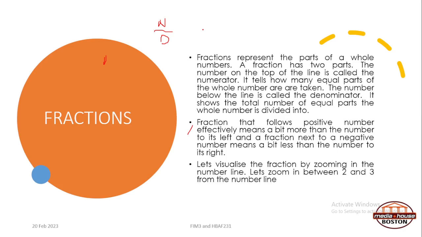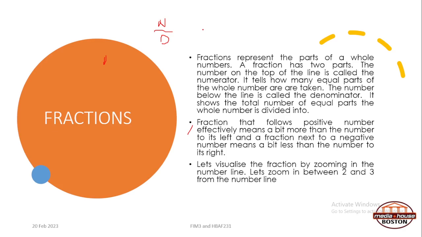All of those can also be written as a fraction, meaning that 2.1 will be written as 2 as a whole and 1 out of 10. So that is the fraction representing 2.1. This fraction is after 2, meaning that it is positive, and it is a bit more than 2.